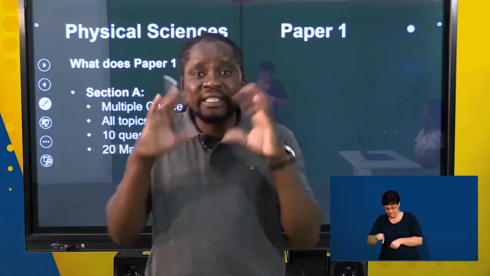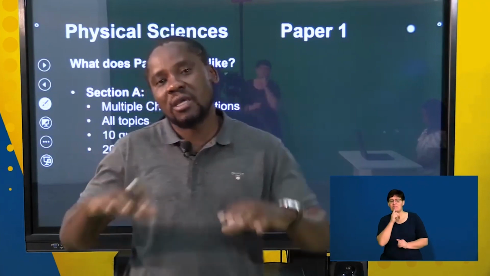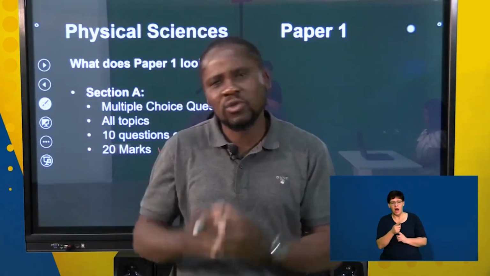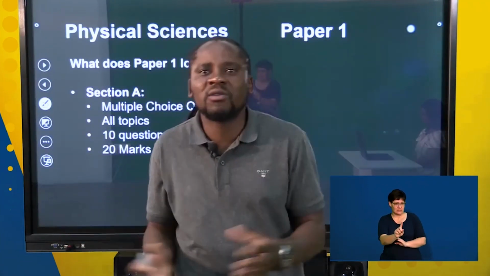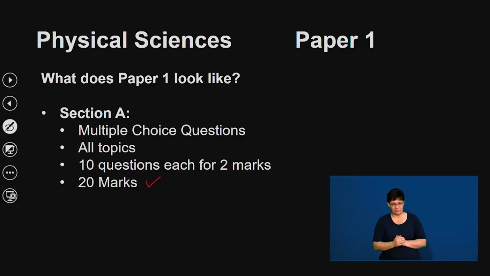So the idea is set around the concept itself, not so much the numerical values involved in calculations, right? And then all topics are definitely going to be assessed. So we've got mechanics, we've got waves, sound, and light, we've got electricity and magnetism. All the topics are covered in the 10 questions of the multiple choice, okay?